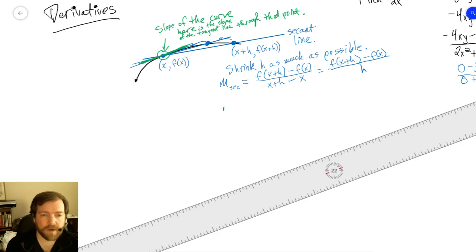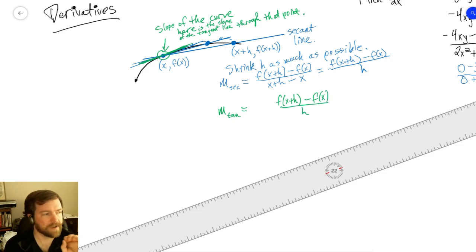All right, and in order to get the slope of the tangent line, which actually I should do this in green. In order to get the slope of the tangent line, what we have to do is take this, which is, again, the slope of the secant line, and say that h needs to be so small that it is close enough to 0 that it's going to make no difference.